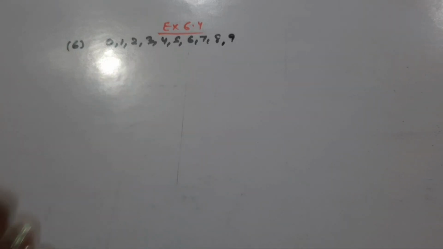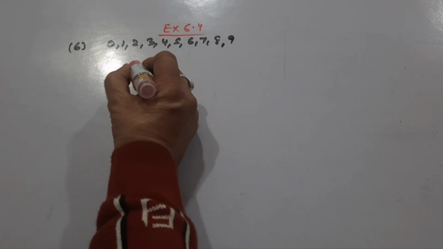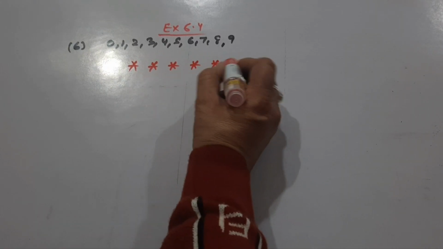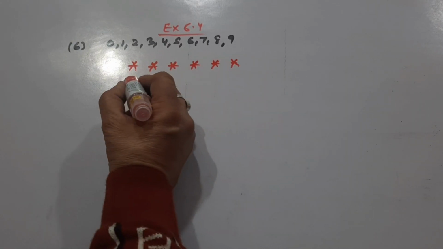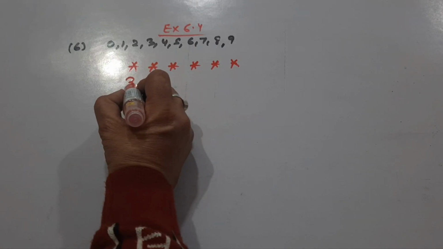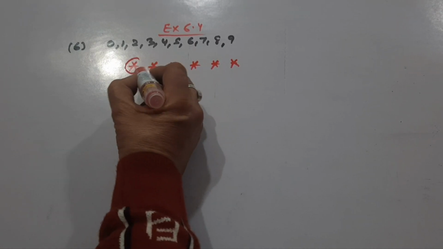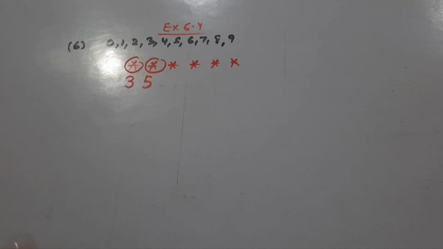So students, here we want to make a 6-digit number, and the first two places are fixed by 3 and 5.